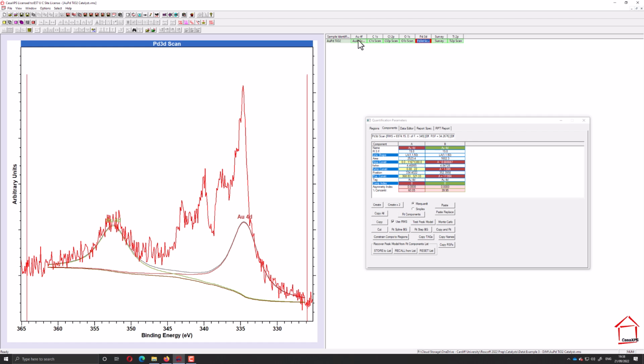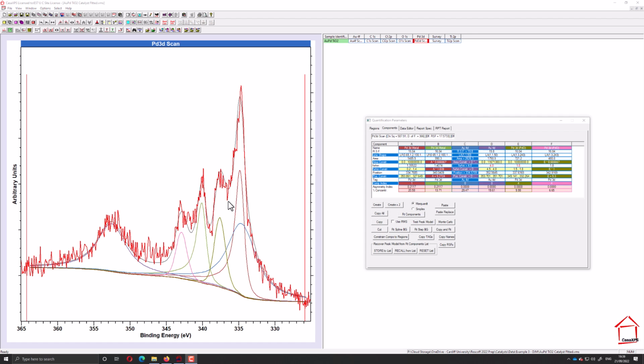Okay, so now let's add our palladium signals. We can do that by using the models that we created in the previous exercises in terms of fitting palladium nanoparticles, and we'd expect these to be nanoparticle-like given the size. So we can call up that data, whether we made a peak model for it or saved that data, and fit that accordingly.